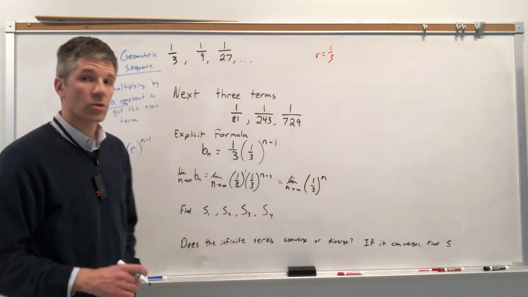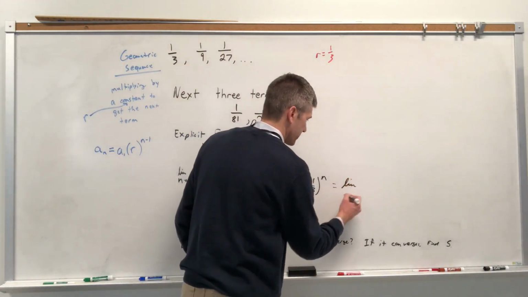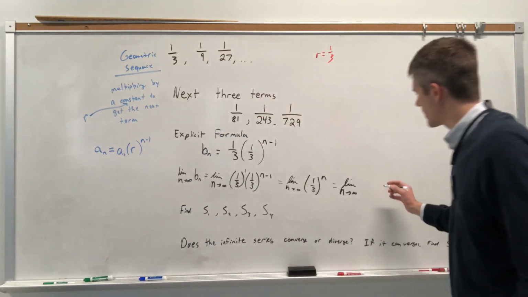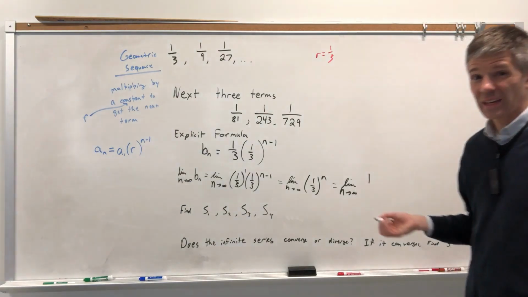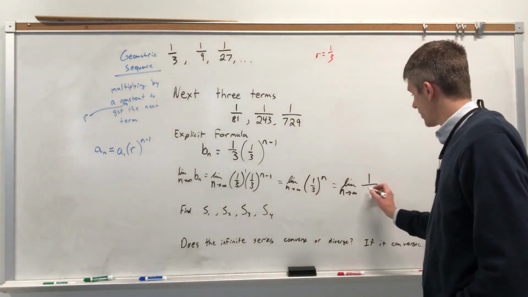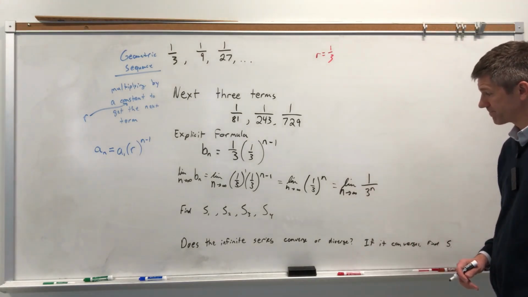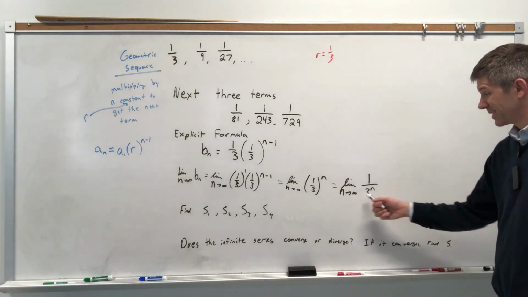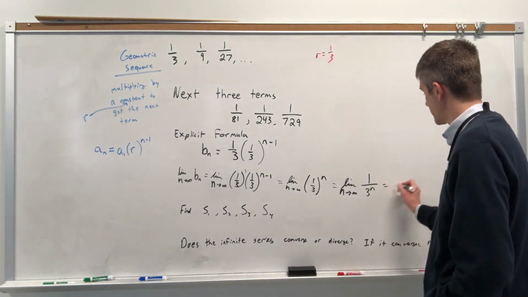I can continue rewriting this, and so I have the limit as n approaches infinity of 1 to the n, well 1 to the n is 1, over 3 to the n, okay? I have a huge denominator, right? 3 to the infinity, that's big, so this approaches 0.